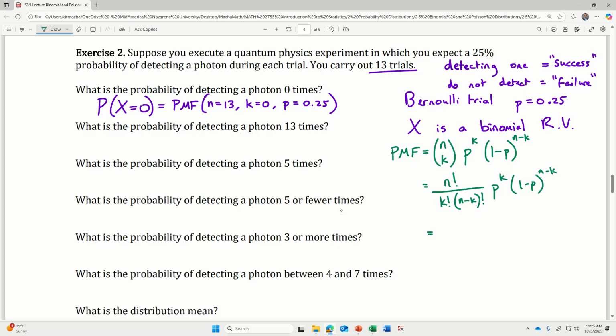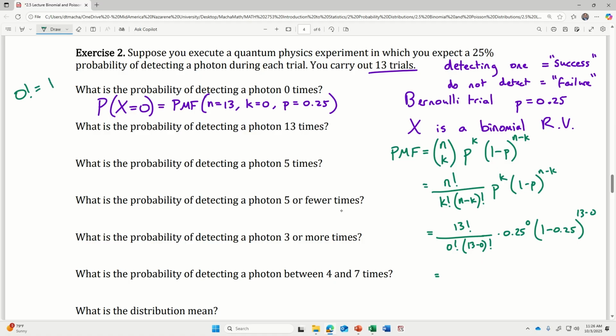So we're talking about 13 factorial divided by 0 factorial times 13 minus 0 factorial, times 0.25 raised to the power 0, times 1 minus 0.25 raised to the power 13 minus 0. So I'll end up with 13 factorial divided by 13 factorial, because 0 factorial is 1, by the way, if you didn't know.